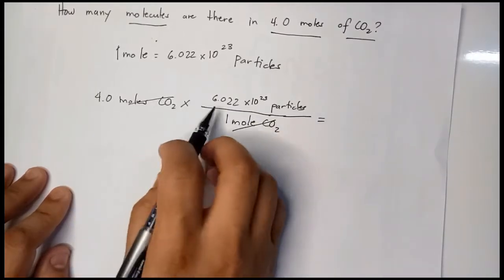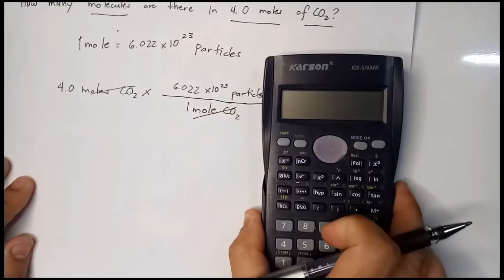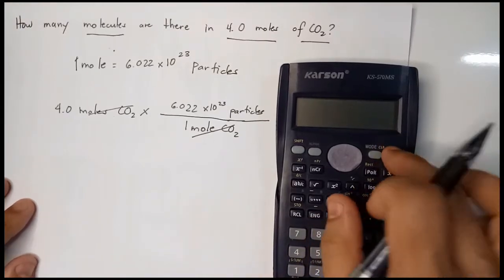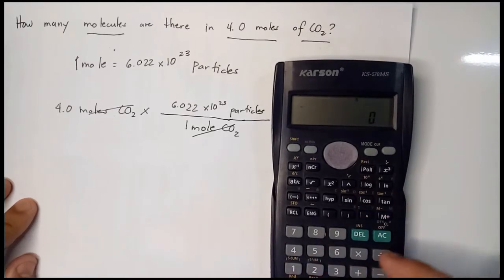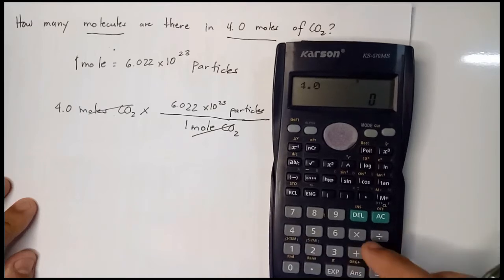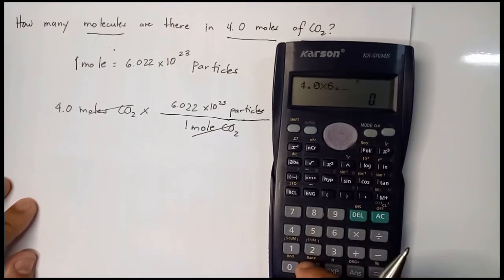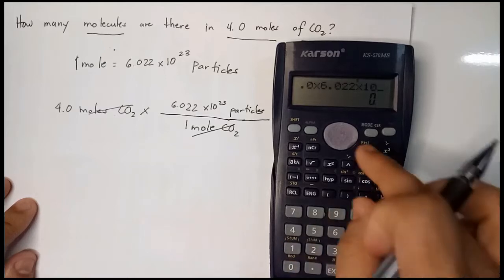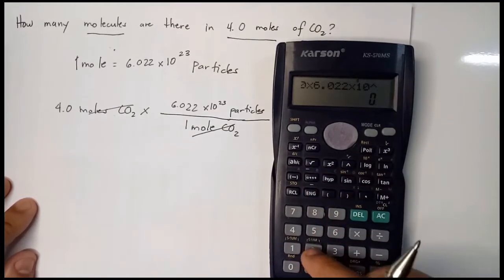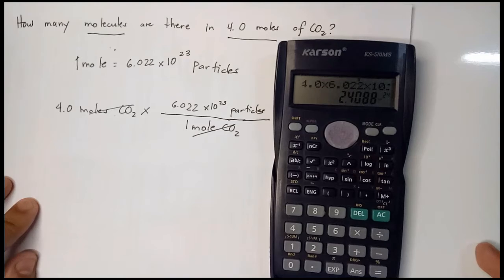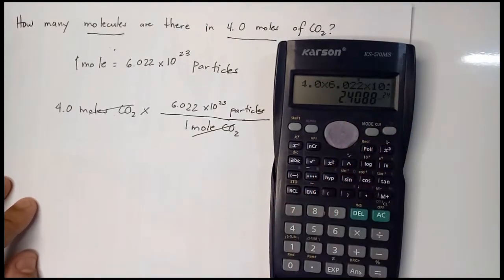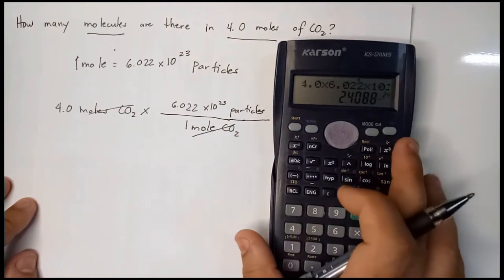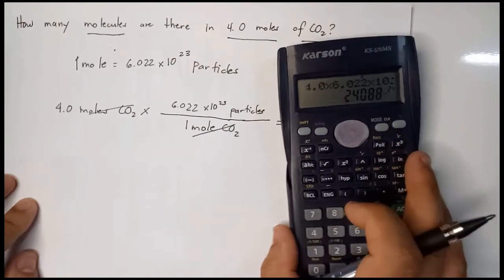Kaya 4.0 times 6.022. So using a calculator again. Gamit tayo ng calculator. Ayan, kita ba? So we have 4.0 times 6.022 times 10 raised to the 23rd particles equals, round off natin into nearest hundredths or two decimal places.